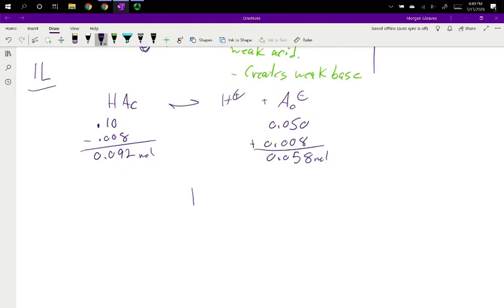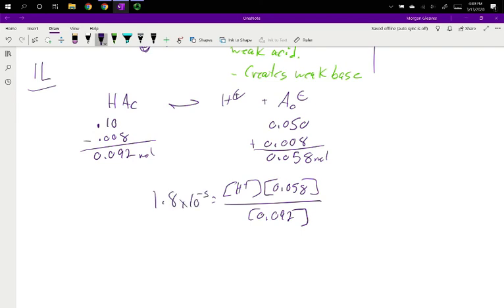And so I can set this up with the Ka. It's going to equal the H plus, 0.058 for the base, and 0.092 for the acid. So Ka is 1.8 times 10 to the minus 5. H plus in this case will equal 2.86 times 10 to the minus 5.